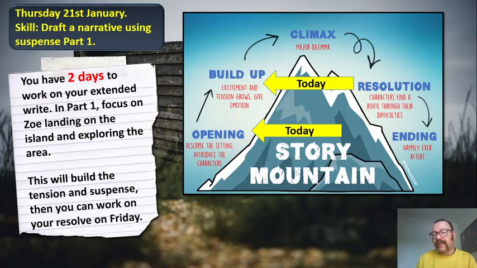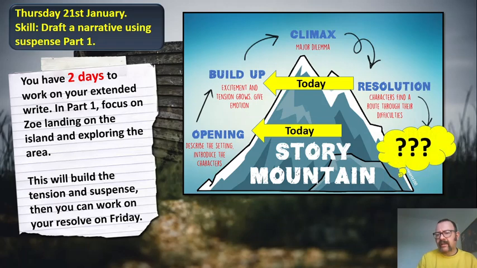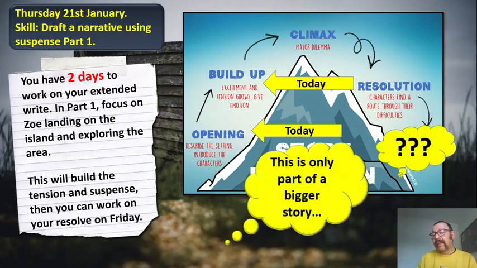How does Zoe find a route through her difficulties? Maybe she doesn't. We're not going to think about an ending. Does she live happily ever after? Because this is just part of a bigger story. Okay, so think of this as being like a chapter that's in our Floodland book. Okay, so let's move on.